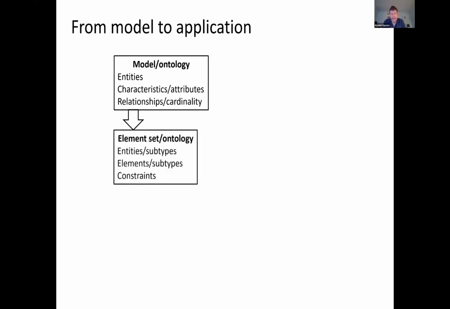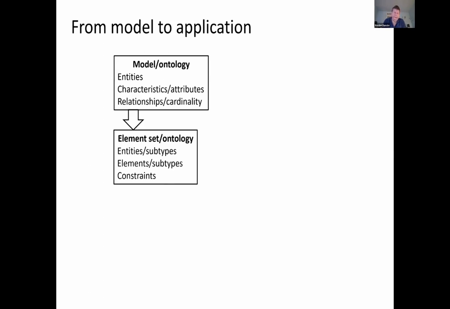From that, we need to derive an operational ontology, an ontology that can actually be used in practice directly. This is variously known as an element set or operational ontology, etc. It's likely at this stage of the process that we have to define or refine additional entities, subtypes of existing model entities.